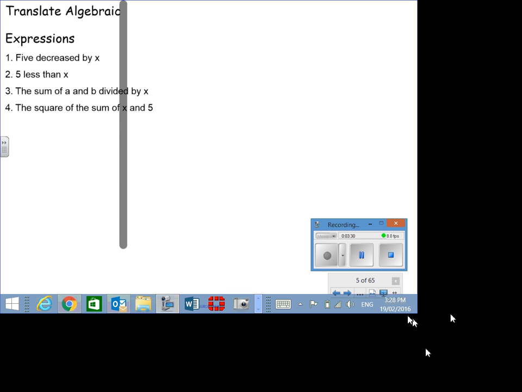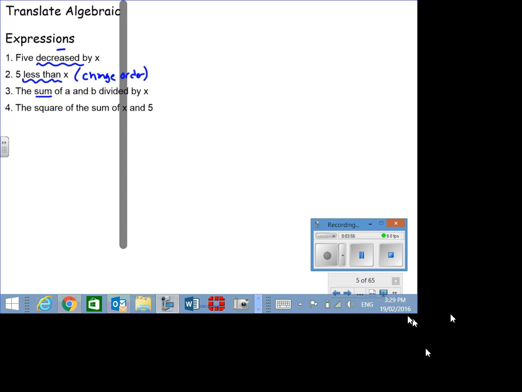In class today, we discussed translating algebraic expressions. So we're looking for these key words, like decreased by means subtraction. Less than also means subtraction, however, it changes the order. So there's a big caveat with the second one, less than, it changes the order.